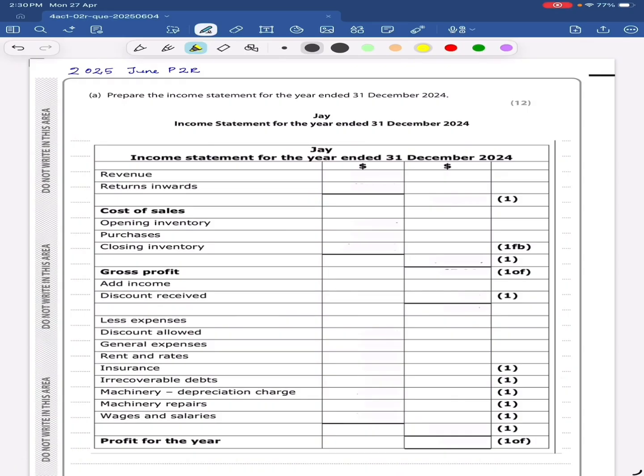Therefore, we list the return inwards and the revenue, and then we find the final total. So 143,200 is the revenue, return inwards 3,214 needs to be taken away. Therefore, the net revenue should be 139,986.